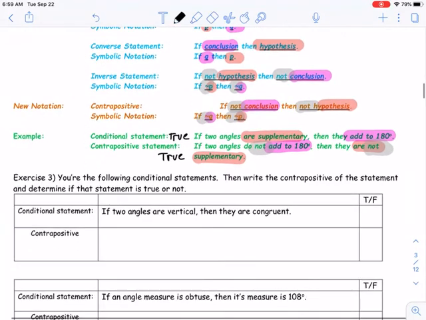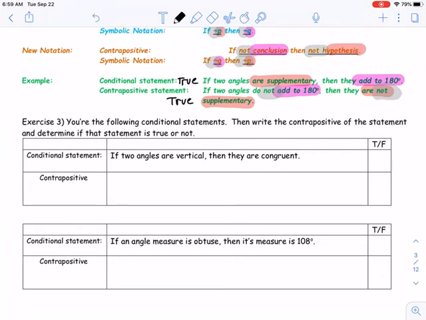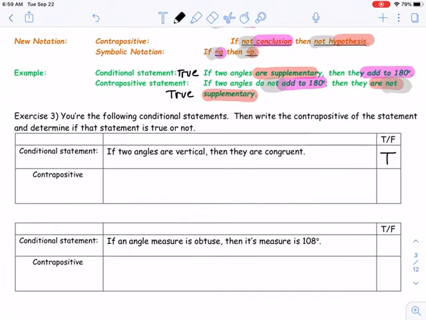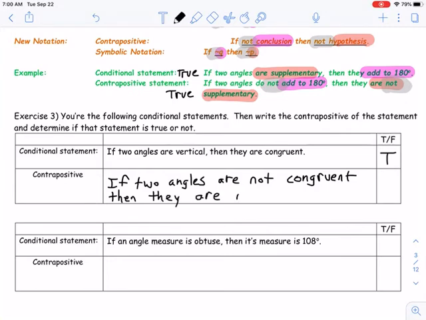However, let's continue to look at some other things. We've been talking about these things for a while. Vertical angles, congruent, true, yada yada yada. Now the contrapositive: if two angles are not congruent, then they are not vertical.